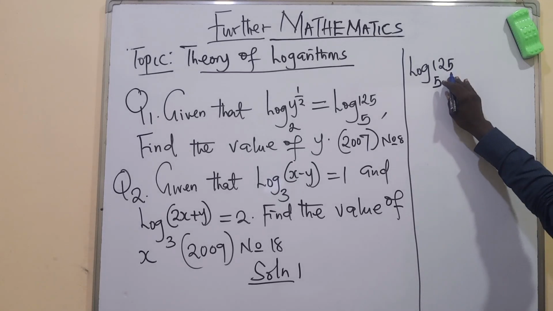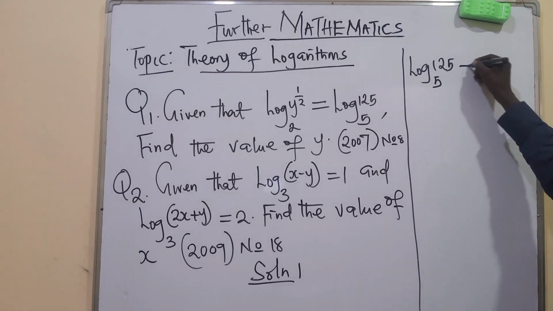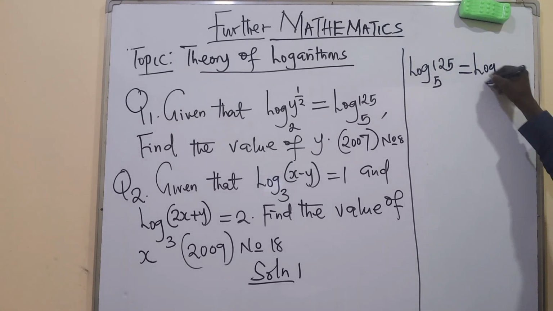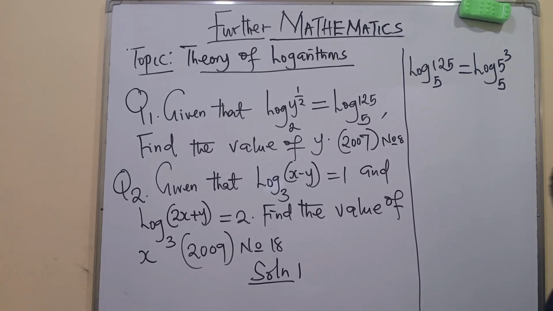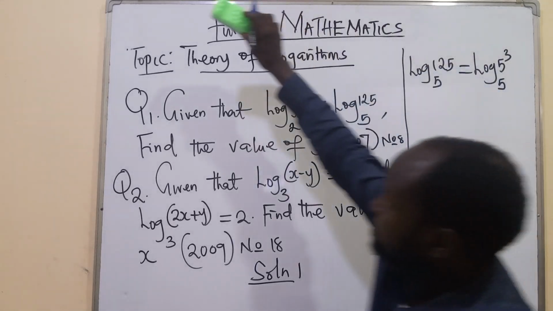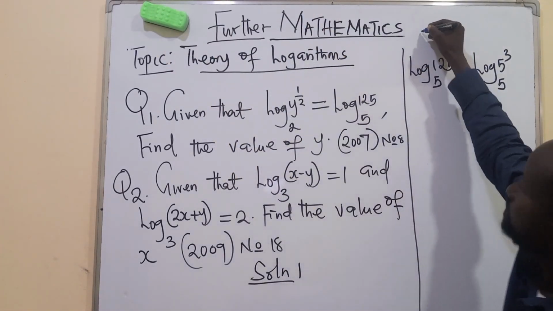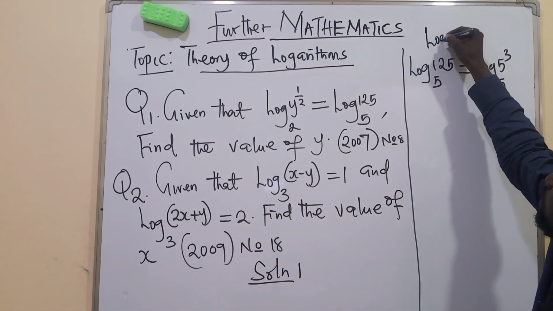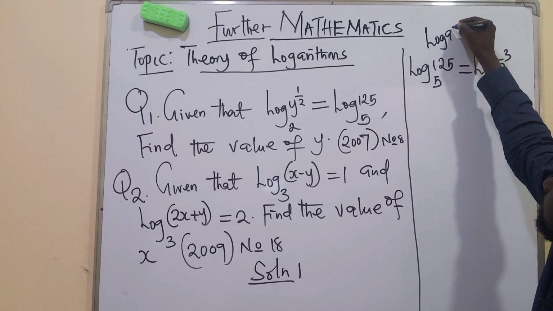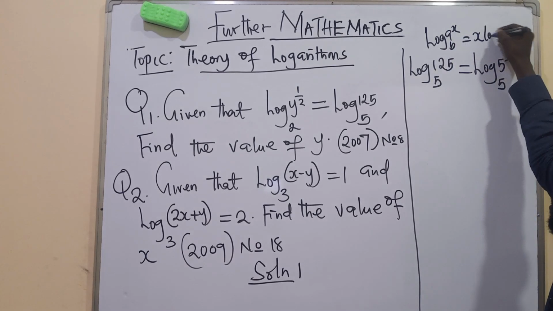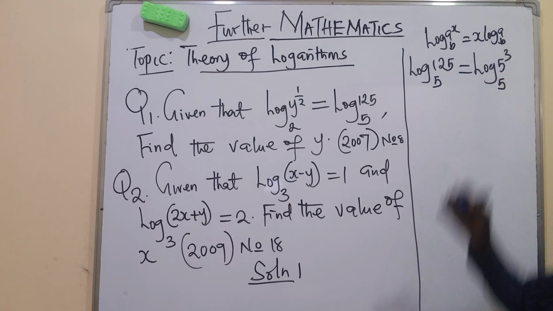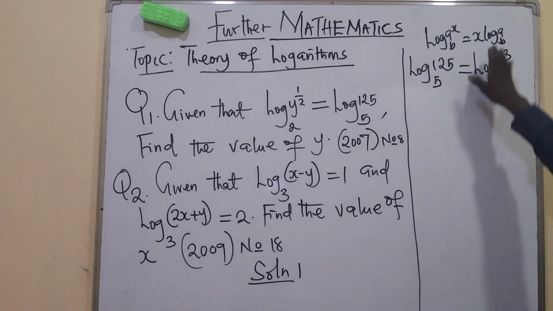Log 125, I can write it as log 5^3 to base 5. From one of the laws of logarithm, if we have log a^x to base b, this is the same as x log a to base b. So we apply this law here.